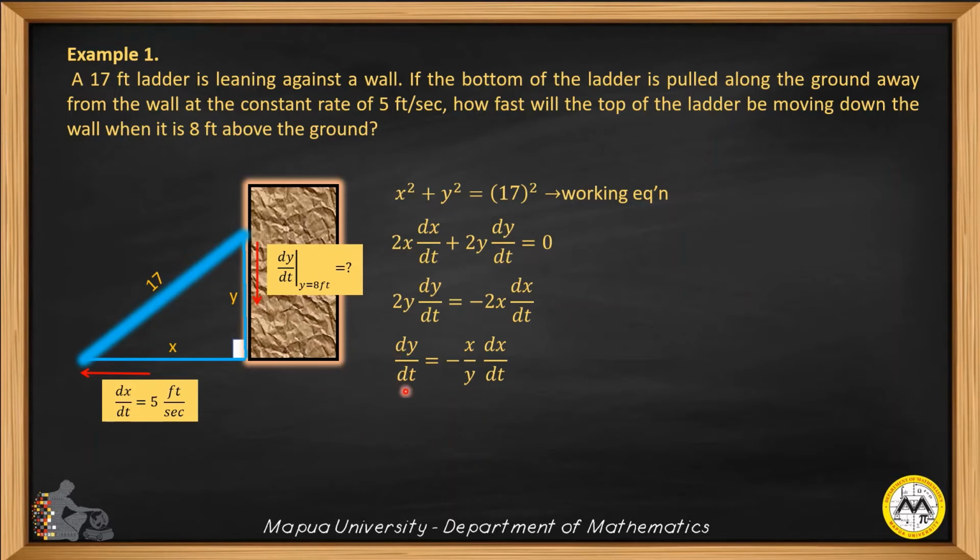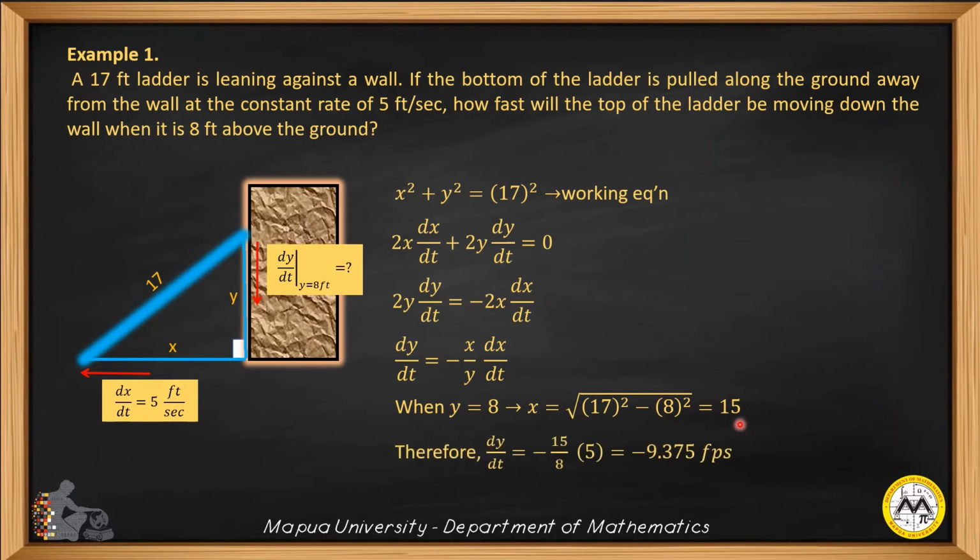Now, in determining what dy/dt is, we need data for x, y, as well as dx/dt. We are given dx/dt to be 5 feet per second. We are given the particular instant where we want dy/dt determined, and that is y equal to 8. What we do not know is x, but we can compute that using the Pythagorean theorem: at y equal to 8, x will be equal to 15.